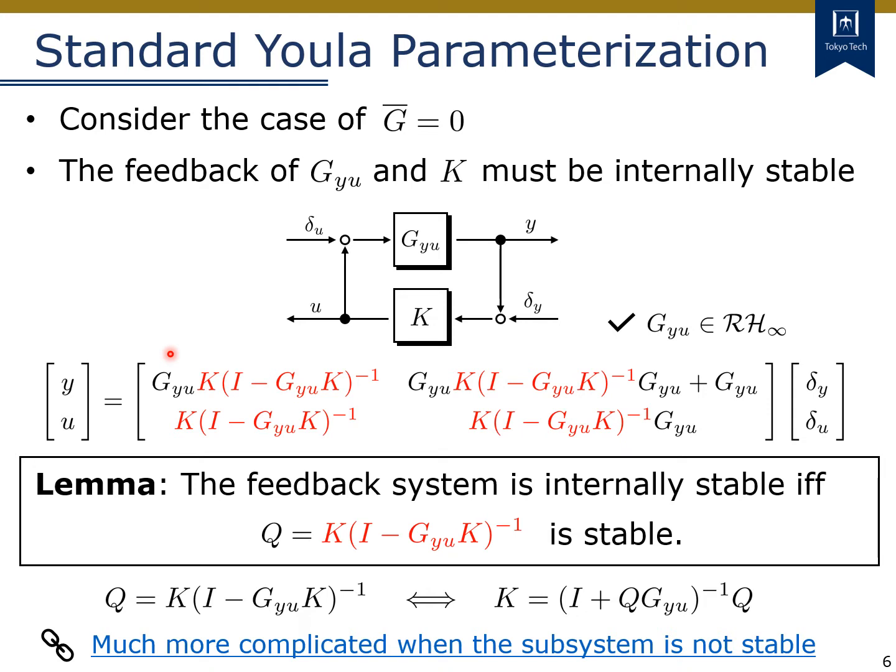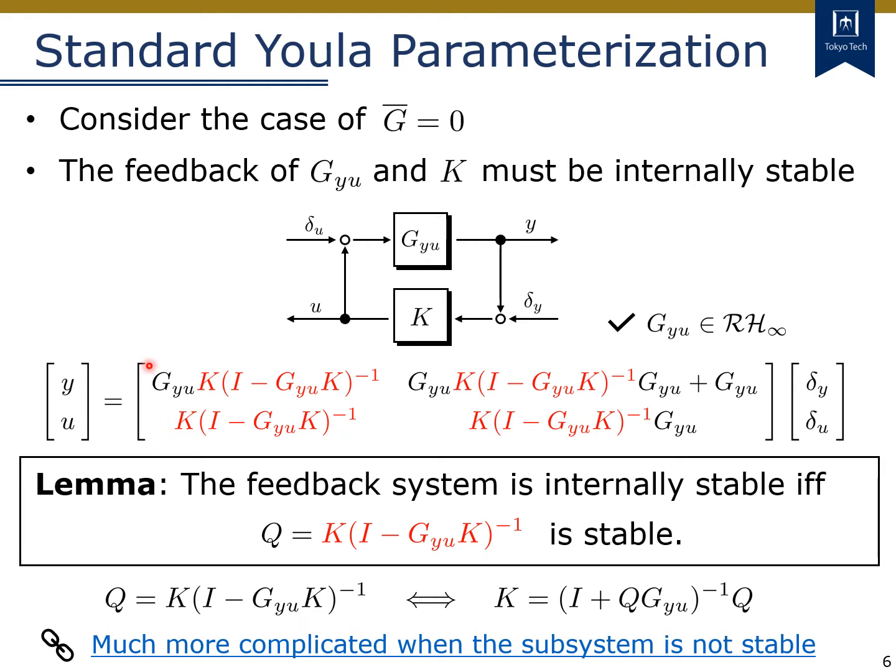So, the local controller K must be a stabilizing controller for GYU. In particular, this feedback system must be internally stable, namely all 4 transfer matrices here must be stable.